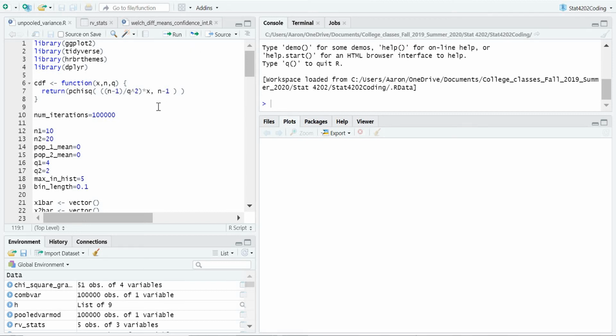Alright, so I have some RStudio code that's going to show you that SD squared is a very good random variable which calculates an approximation for the standard error.